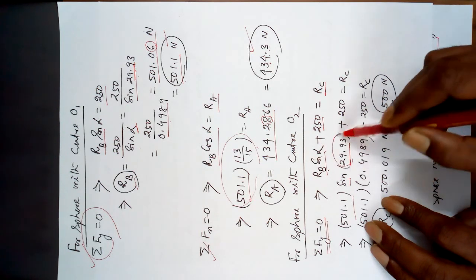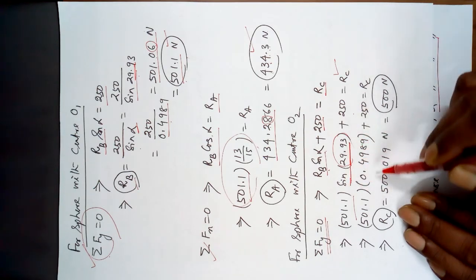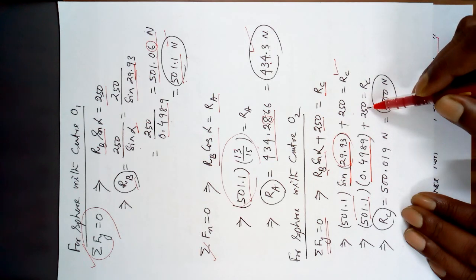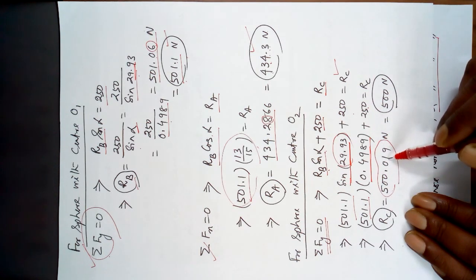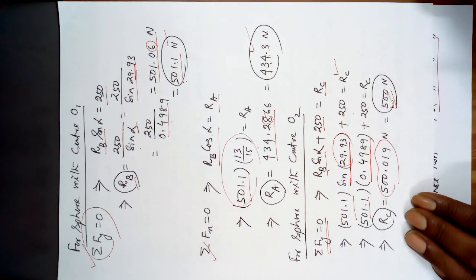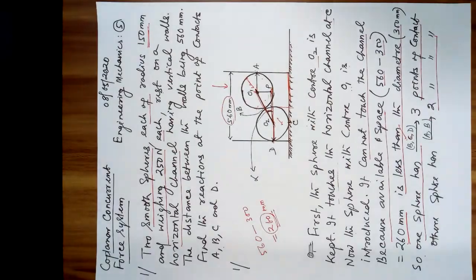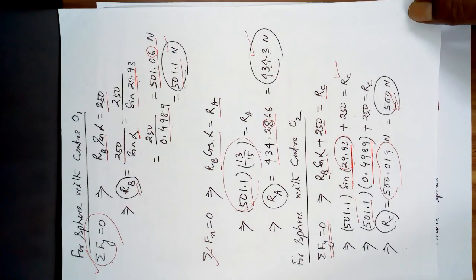Then RC is equal to this plus 250. Using a scientific calculator, this value into this plus 250 comes out to be this much. When rounded off, this becomes 500 Newton. So that is the forces along the y-axis.